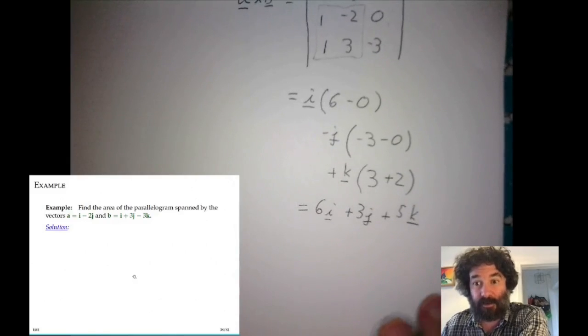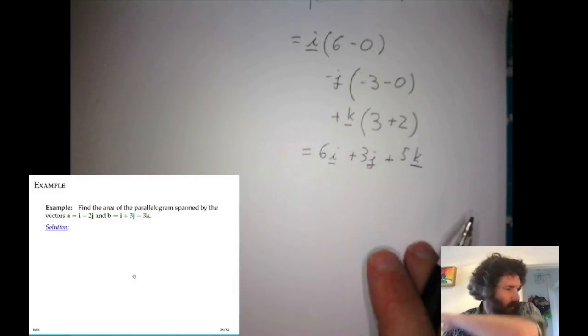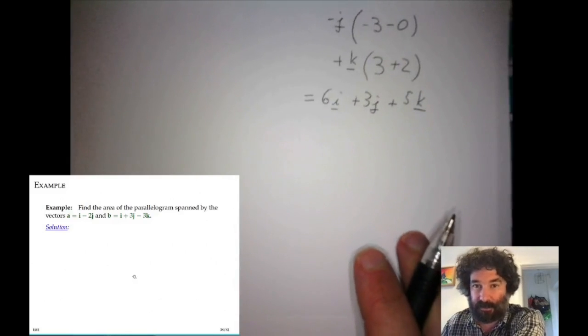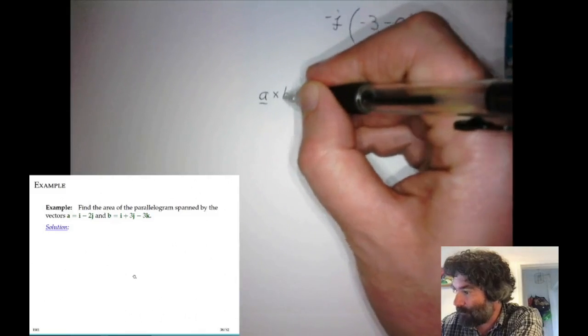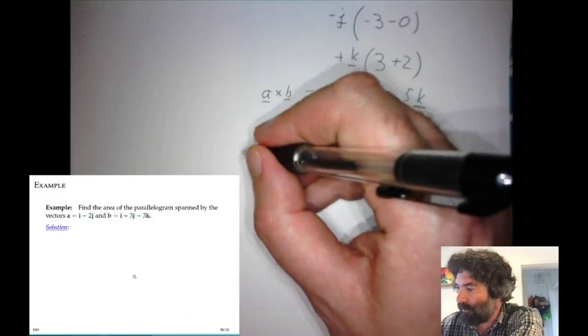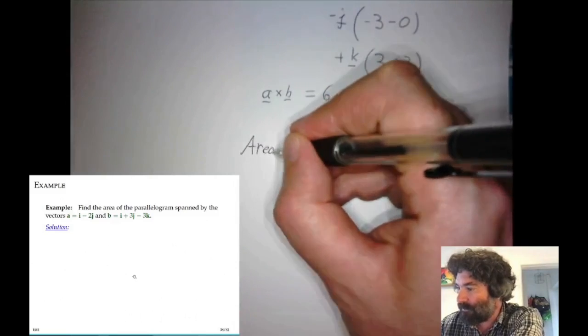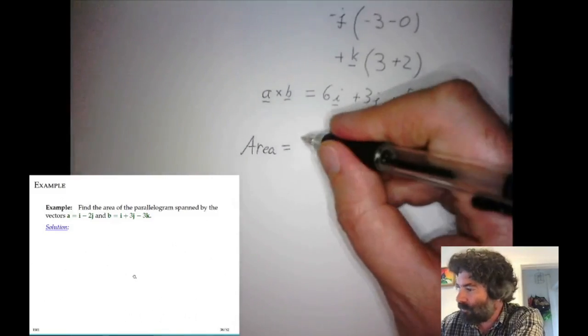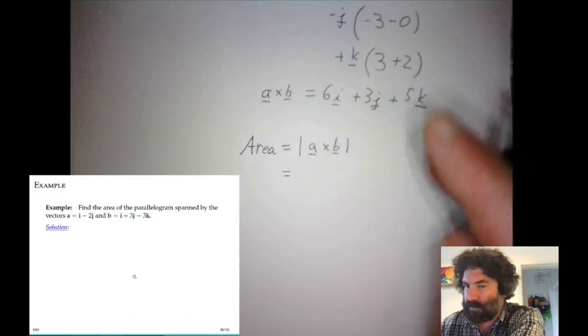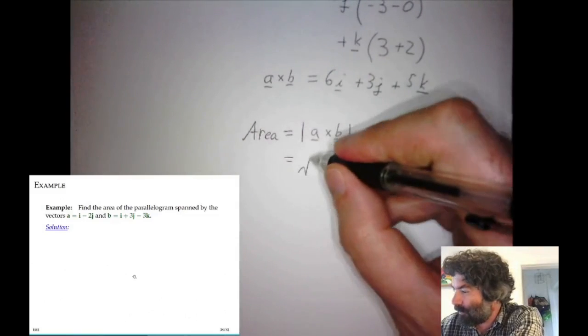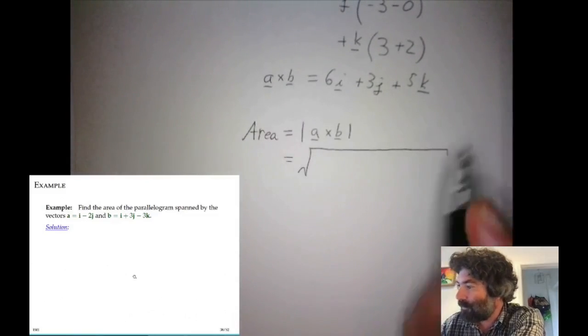And the area of the parallelogram, what we wanted to find, is once again the modulus of this cross product. So this was A cross B, and the area of that parallelogram we're asked to find is equal to the modulus of A cross B, which is the square root of the sum of squares of the components.